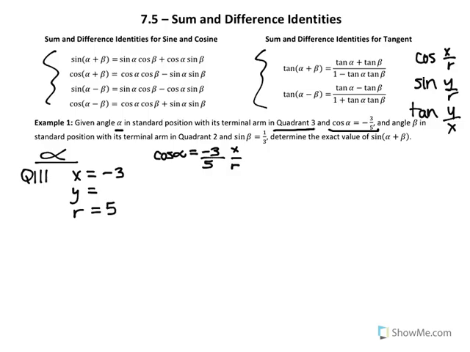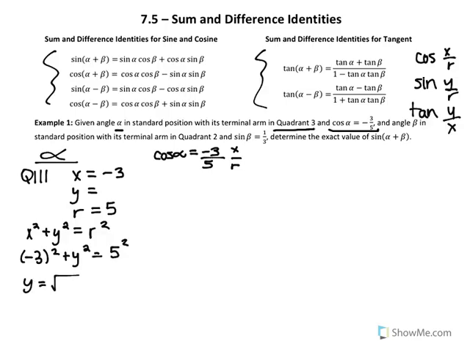What we need to do is find y. I'm going to use the Pythagorean theorem. I know that x squared plus y squared is equal to r squared. So negative 3 squared plus y squared is equal to 5 squared.